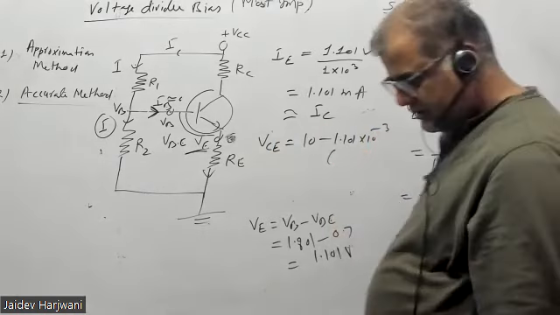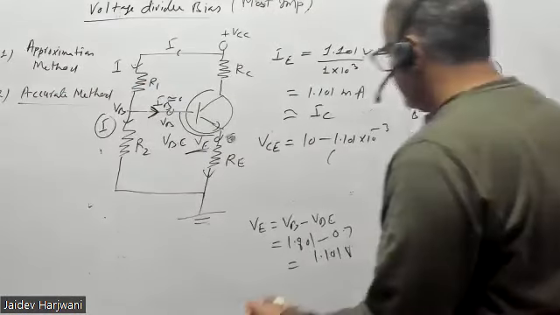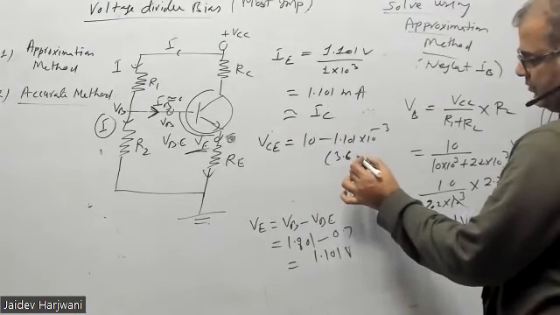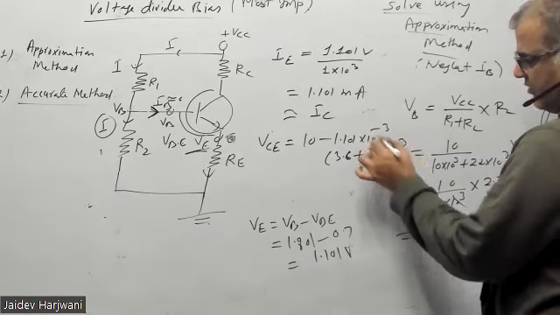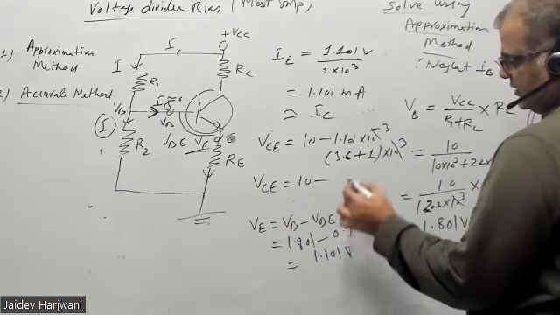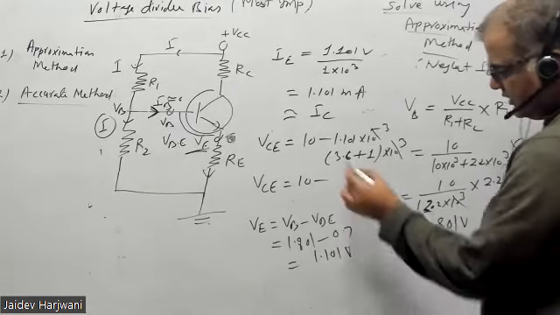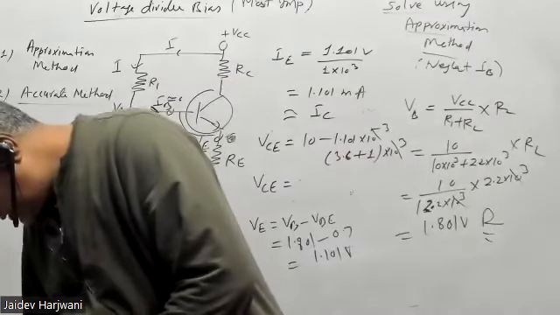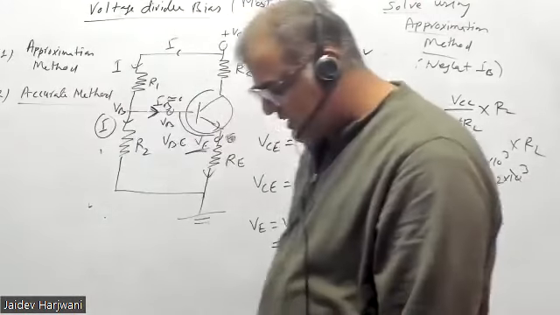How much is RC given? 3.6 kilo ohm plus RE 1 kilo ohm, 10 to the power 3, powers cancel. So VC equals 10 minus 1.1 into 4.6. Solve and tell me the full answer. How much is VC coming in total? 4.94.